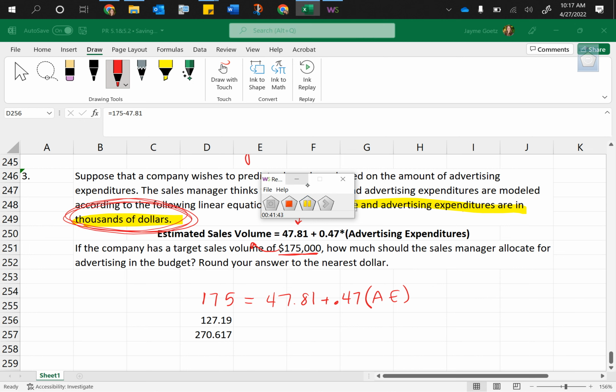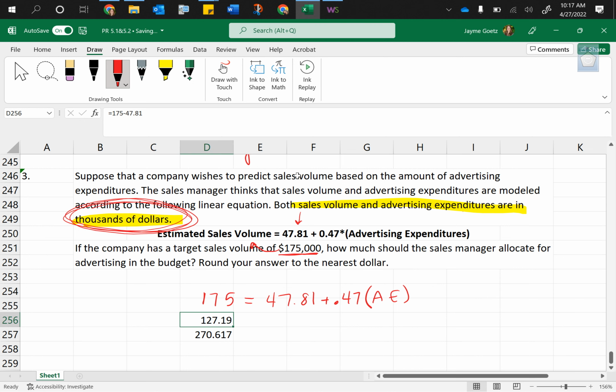But we need to answer the question. The question says, round your answer to the nearest dollar. How much should the sales manager allocate for advertising in the budget? Should he allocate $270? Good. This is in thousands. So what we're going to do is I'm going to come over here, and you can either round it yourself, like move the decimal, or you could just multiply it by 1,000.